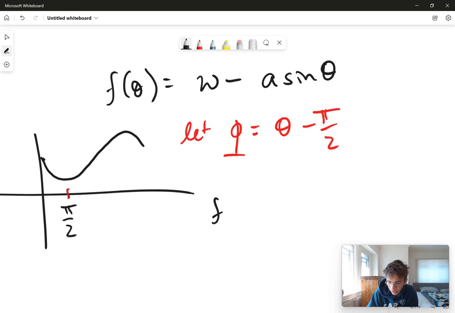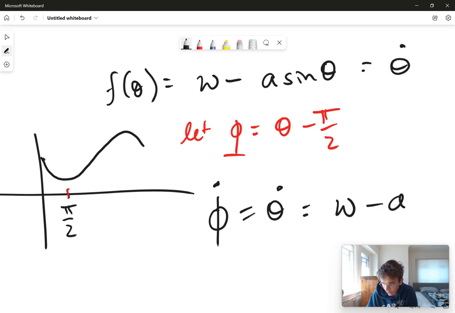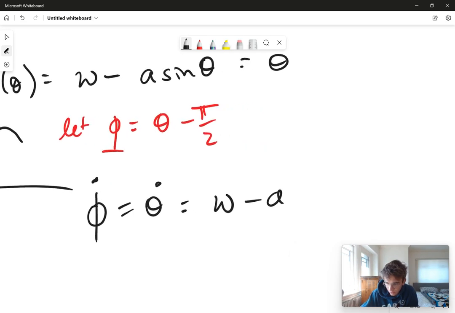And now, doing this change of variables, I understand that phi dot is equal to theta dot. It's equal to omega minus a sine of phi plus pi over 2. Excuse me.